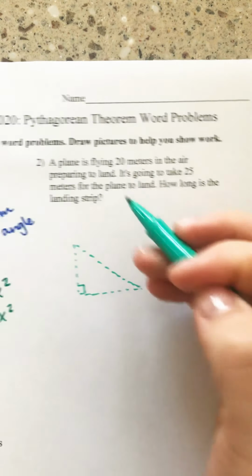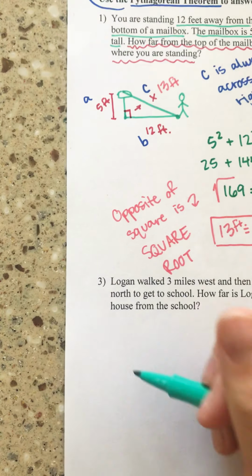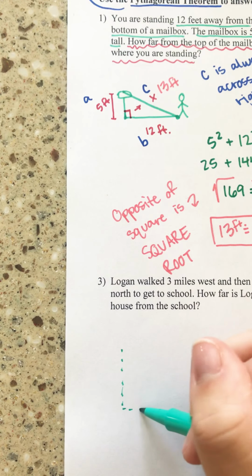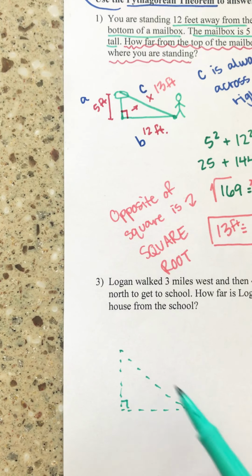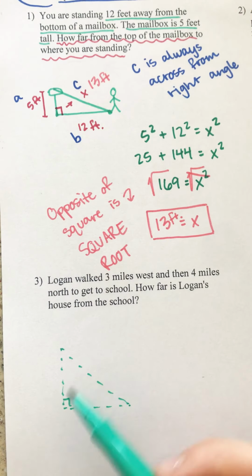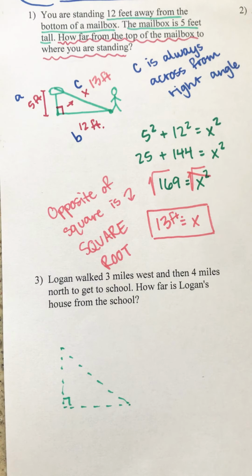Read from your story problem. Where does the information go? Again on number 3, you should be able to draw a right triangle from the information. You just need to decide where it goes on my right triangle. Go ahead and draw your pictures. Solve for x. This is a review.